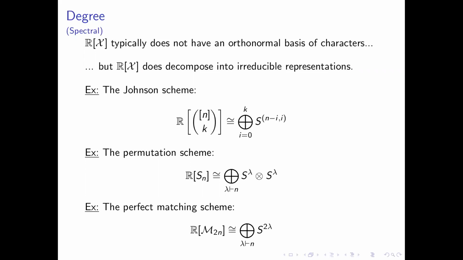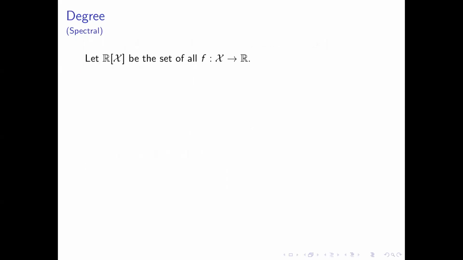We can also do this for the perfect matching scheme. Here, 2 lambda means that I take an integer partition lambda and double each part, so the partition 1, 1, 1 would become 2, 2, 2. As I said before, this is our notation for real-valued functions on the domain. Now let's assume that we can identify our domain X with a coset of the symmetric group.